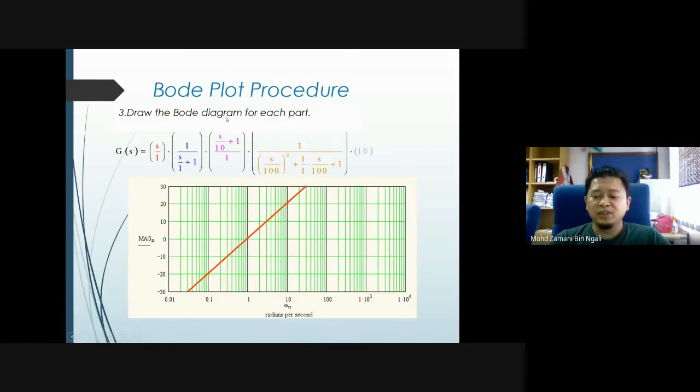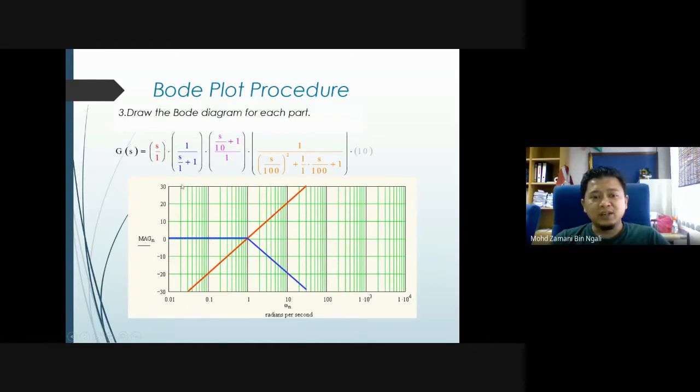So we go to the next one, the blue line. We know that this part is at the denominator, so the slope will be negative. It will go downward. But instead of only one line like this red line, it will start from 0.